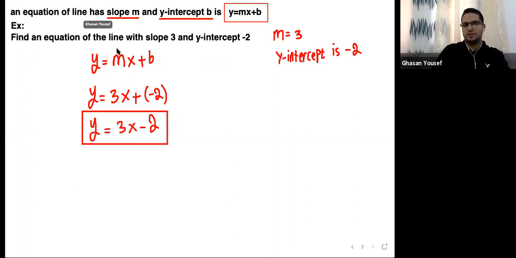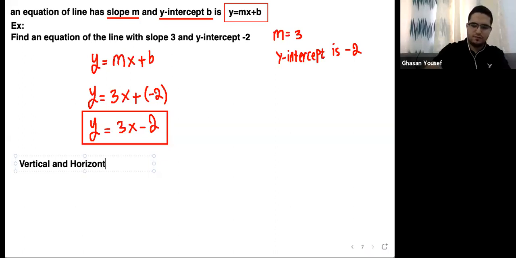Any question for this example? Is it easy? Okay, no questions. Vertical and horizontal lines.